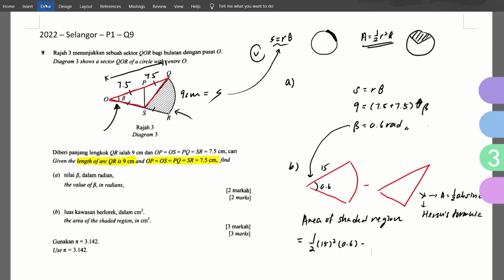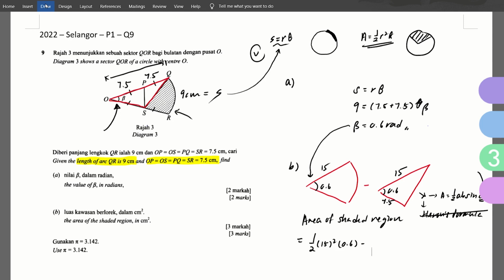Okay, so in order to identify which one we should use, let's extract the information from this diagram first. Here is 15. Here is 0.6, here is 7.5. Okay, so since there is an angle here, we cannot use Heron's formula. Since here we are able to substitute one angle here.